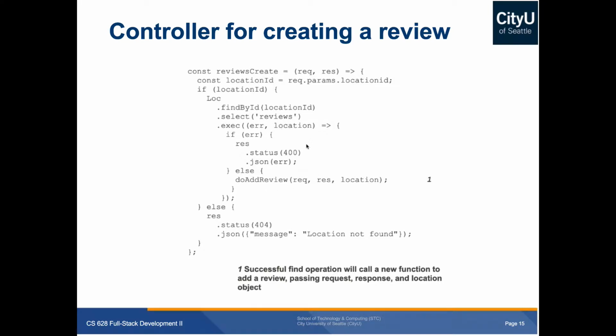That would take in the request, response, and the location, right? So this one goes to here. Whatever's here goes to here too. Okay? And then if the location ID is not found, then we can respond with a 404 location not found, right? Okay.